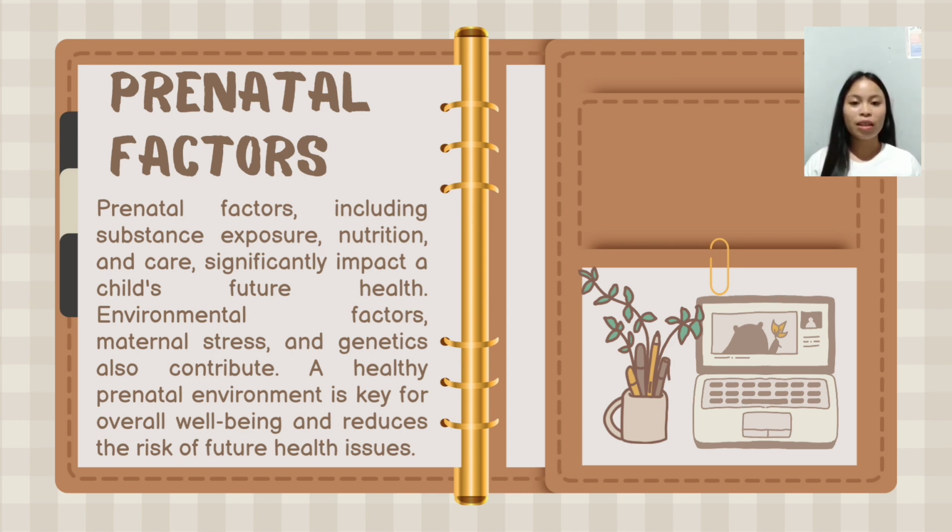Adequate nutrition and prenatal care are crucial as deficiencies or complications can affect physical and cognitive development. Additionally, environmental factors, maternal stress, and genetics play roles in shaping a child's future health. Investing in a healthy prenatal environment lays the foundation for a child's overall well-being and reduces the risk of various health issues later in life.